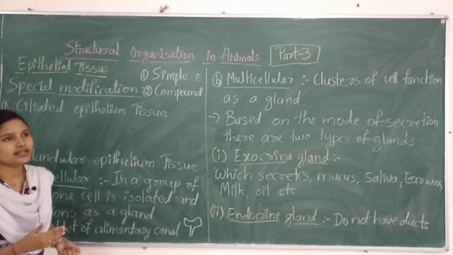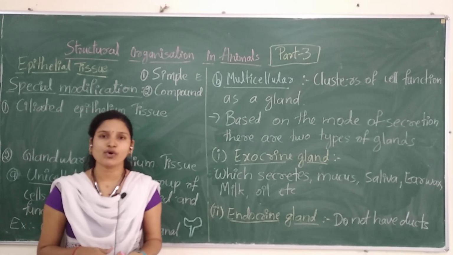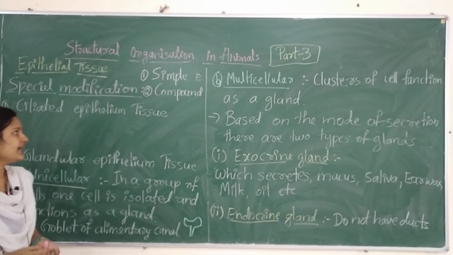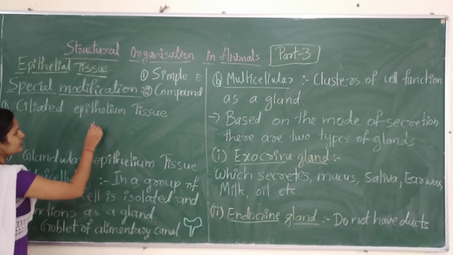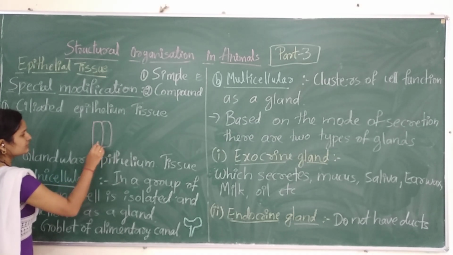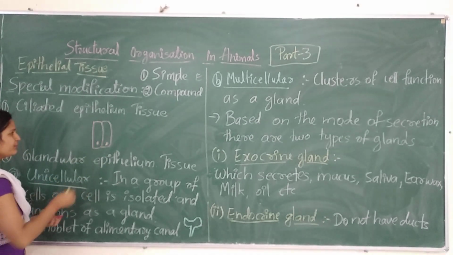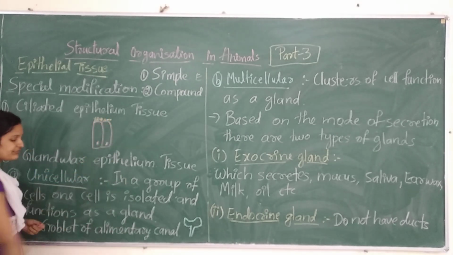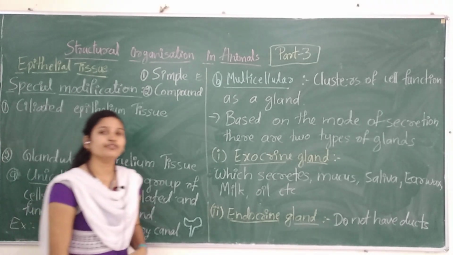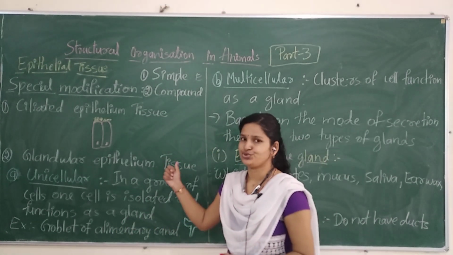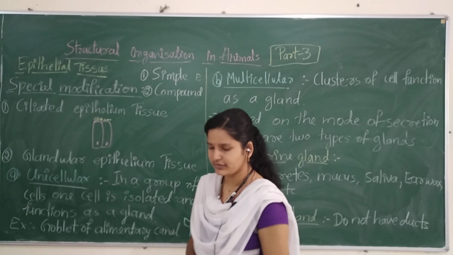These are nothing but the modification of cuboidal and columnar tissues. In that we have seen the cilia-like projections, and we have even understood the importance of these ciliated epithelial tissues. Why are these important?